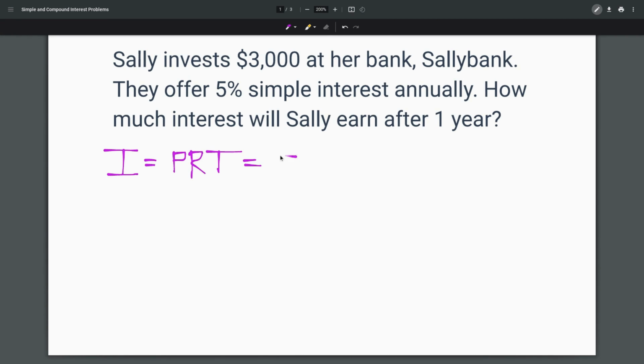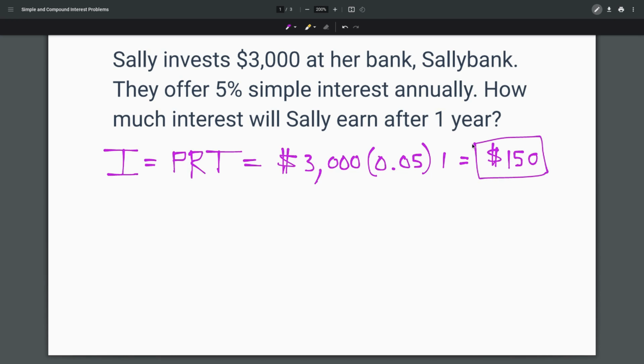So the principal amount is $3,000 times the interest rate as a decimal, 0.05 times 1, and that's going to be $150. And that's it for that one.